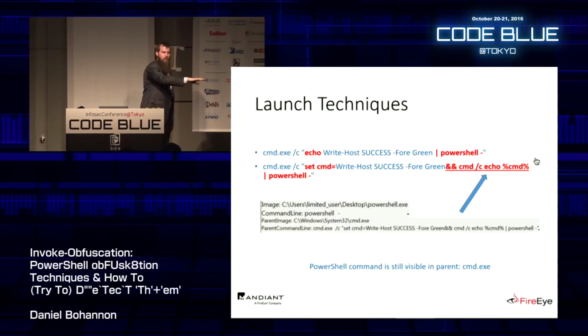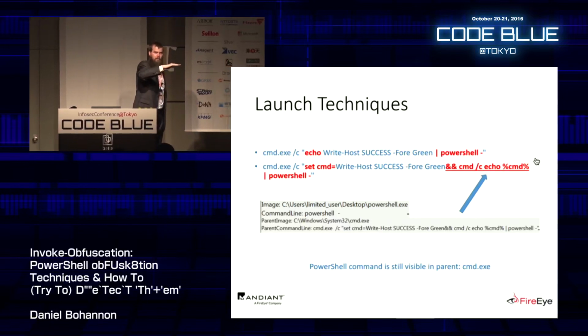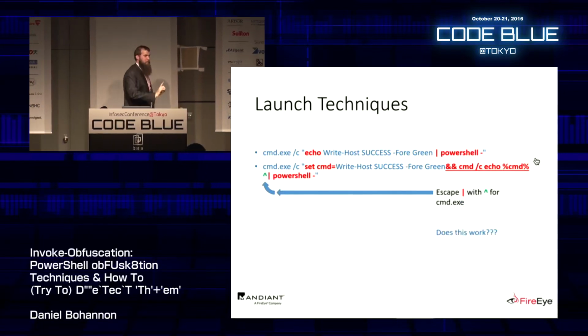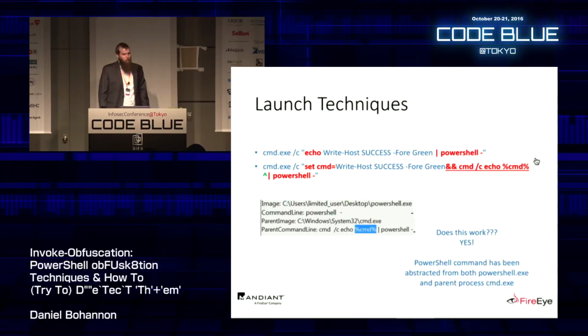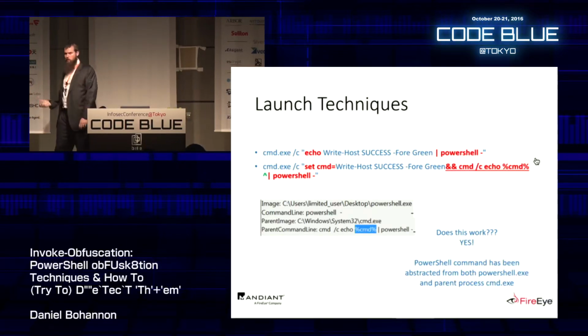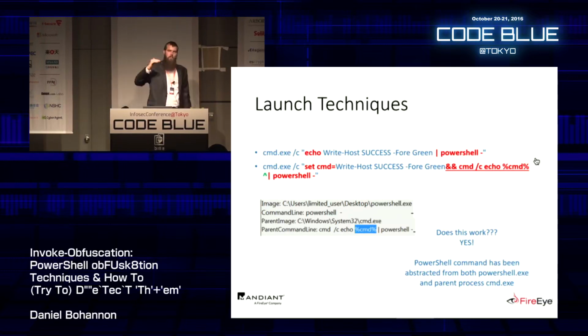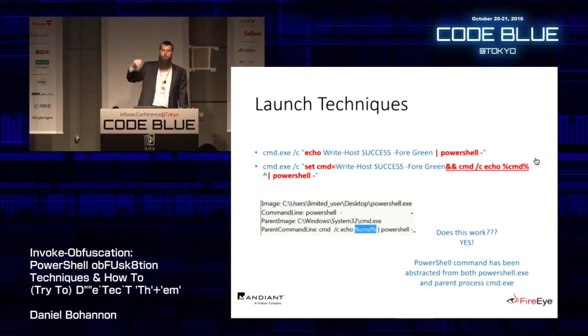Can we get PowerShell's command to go not to the parent process, but all the way up to the grandparent process? And the answer, if you do your escaping properly, because now we have three layers of escaping, is yes. And that's what it looks like. So now for PowerShell, the command is in the grandparent process. And there's no limit to how many processes back you can push the command.